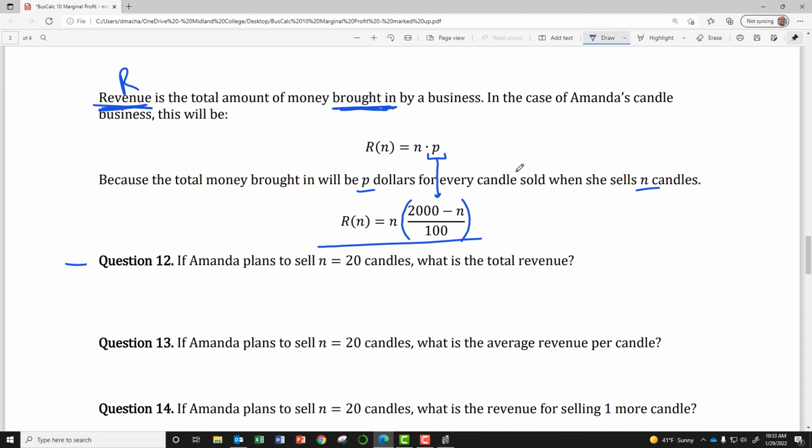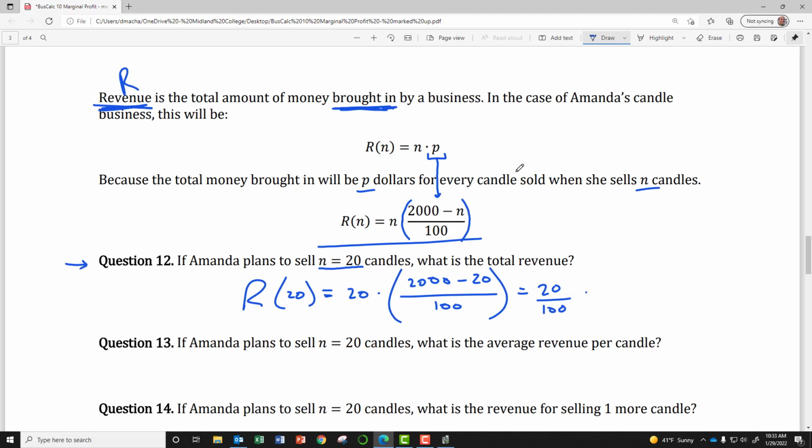So that I can answer question 12, where it asks, when Amanda plans to sell 20 candles, what is the total revenue? We're asking, what's this revenue function when I plug in 20 for N? This will be N, which is 20, times 2,000 minus 20, divided by 100. I'm just going to move that denominator over here: 20 divided by 100 times 2,000 minus 20.